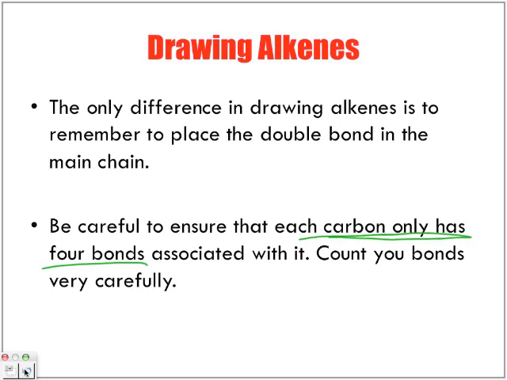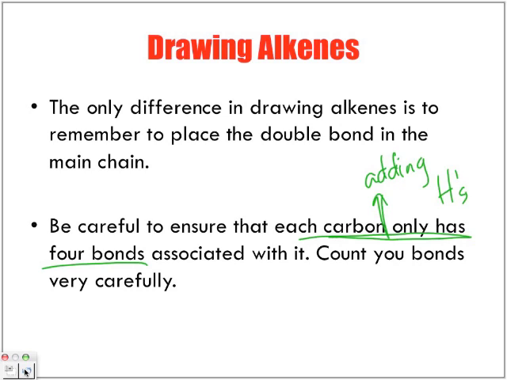You'll understand what I mean by this when we actually draw into that. And when does that play a role? This plays a role when we're adding our hydrogens to each one of the carbons at the end, once we've drawn our condensed structural diagram of these alkenes.